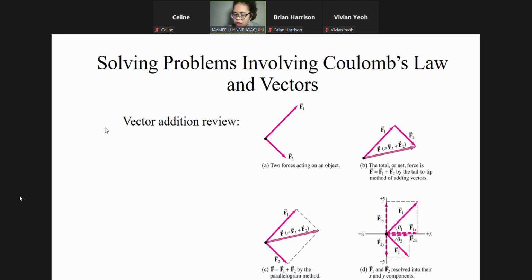So let's have letter B. What shape does it produce? Letter B produces a triangle, or a triangular pattern. What kind of triangle is this?